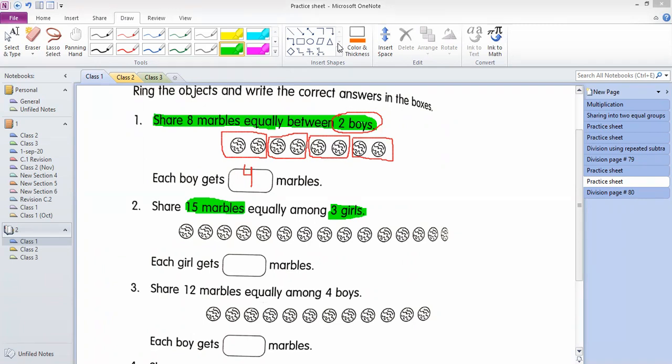Yusuf, can you hear me? Yes, Yusuf. Help me to share these 15 marbles equally among 3 girls and tell me how many marbles will each girl get.